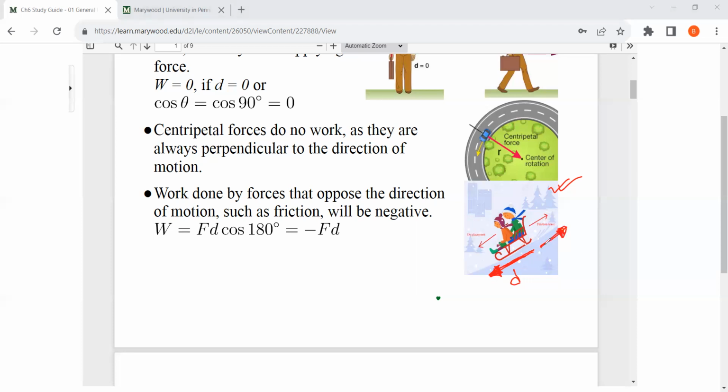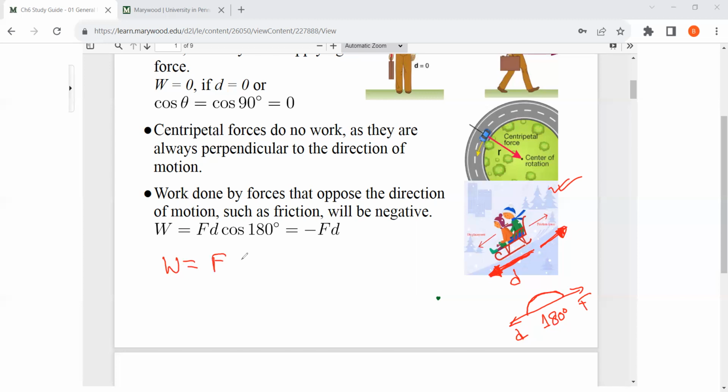Because the friction force is in this direction and the displacement is in this direction, this angle is 180 degrees. The angle between the displacement and the force is 180 degrees.